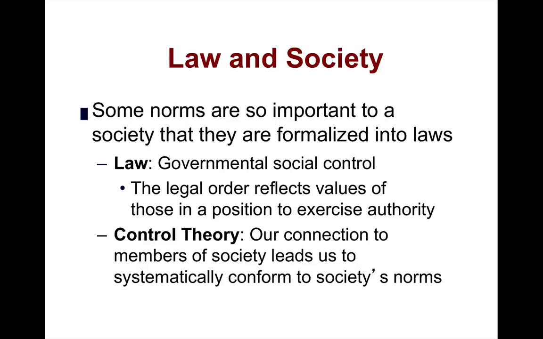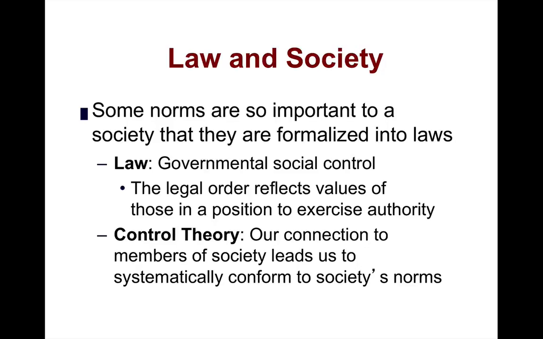What I'm trying to get at here is that laws are created simply by people thinking that something needs to be controlled, that not everyone is following certain norms like we'd want them to, so we should make a formal rule about it. In this way, sociology unanimously agrees that laws and the legal order in any society reflect the values of those who are in a position to exercise authority, those in a position of power, which makes sense.